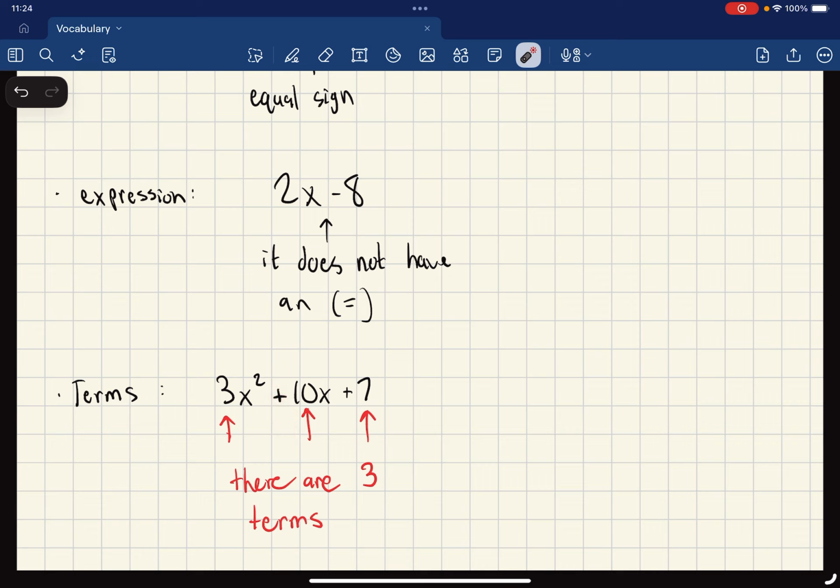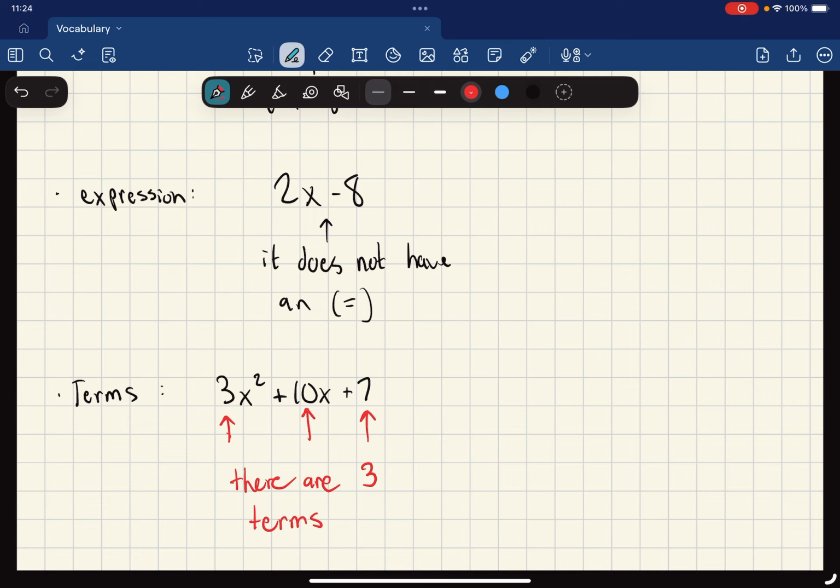Let's look at another example in terms of terms. We can write down maybe 8x plus 7 is equal to 14x minus 30.